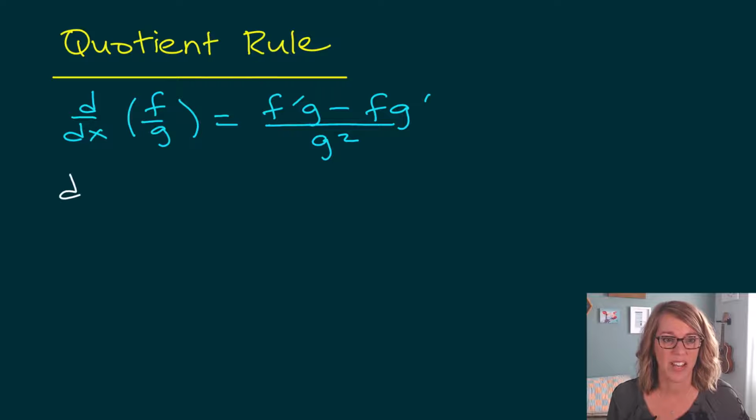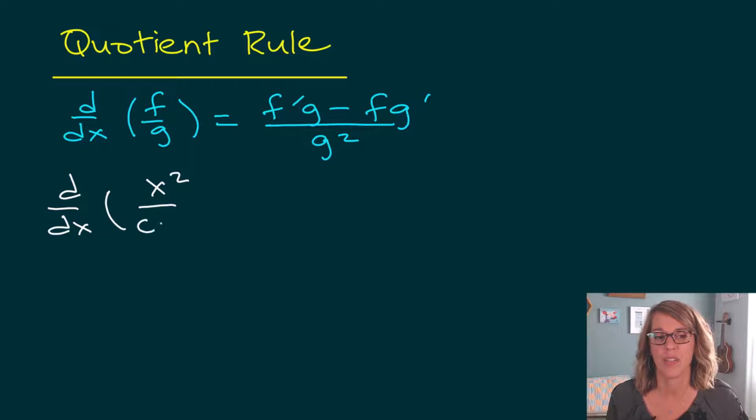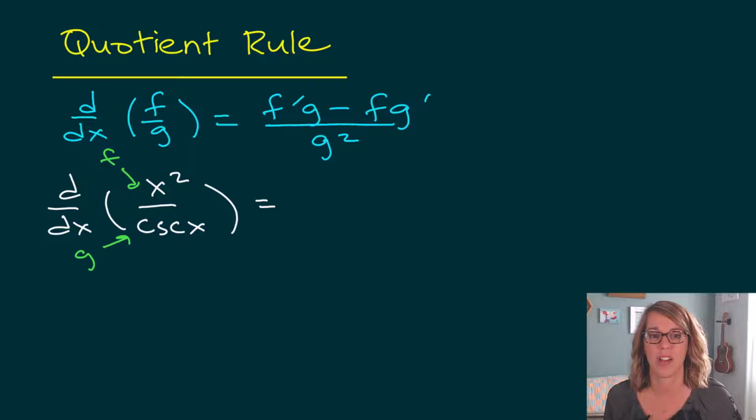So let's say that I want to take the derivative of, let's do x squared divided by, let's do cosecant x. So I've got f as my numerator, x squared, and then g is going to be cosecant. Okay, so here I go. I want the derivative of my numerator, that's going to be 2x, and then I just write my other function, cosecant.